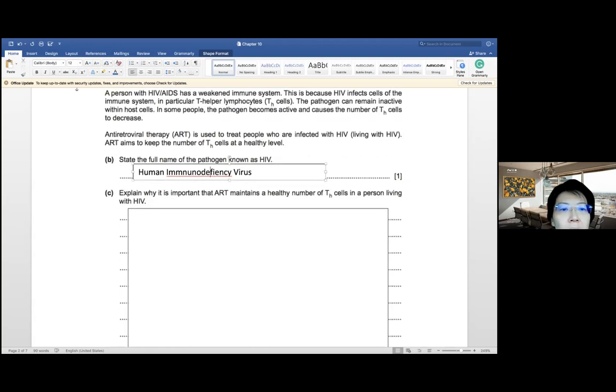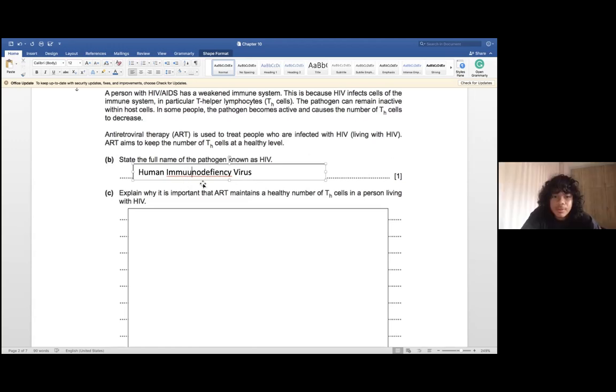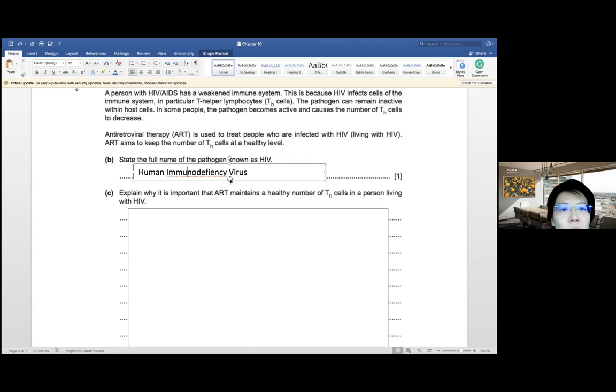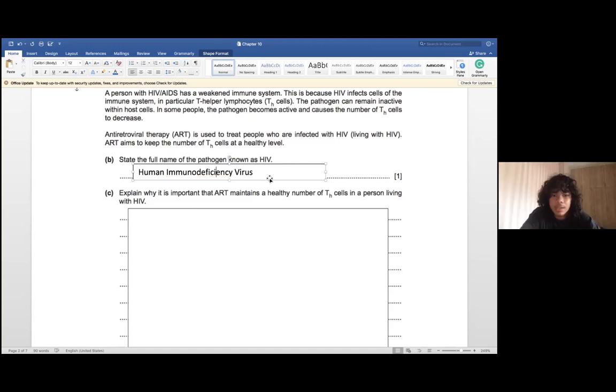There's an IMMU. Immuno. Remove the extra U. Immunodeficient. Add one C after the I. Deficient, the ending is C-I-E-N, I think. C-I-E-N. Deficiency. Yeah, very good. Thank you.